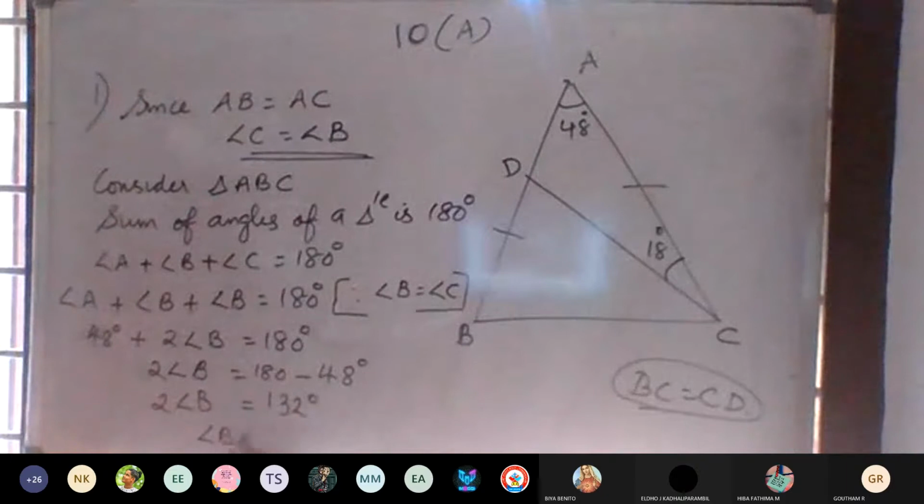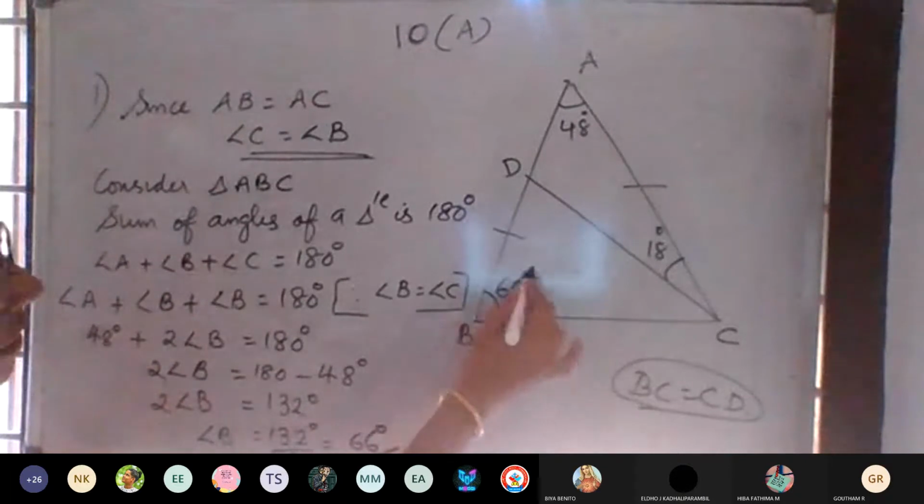So angle B is equal to 132 divided by 2, which is equal to 66 degree. Angle B we got as 66 degree.